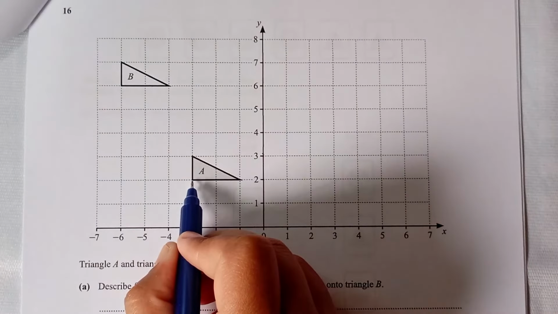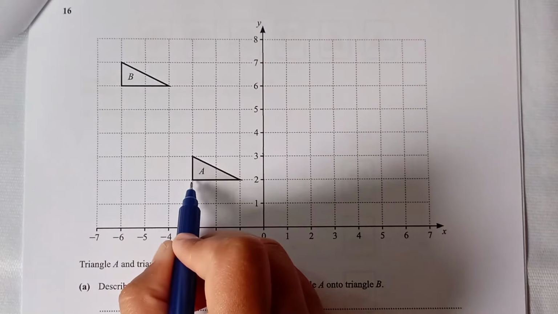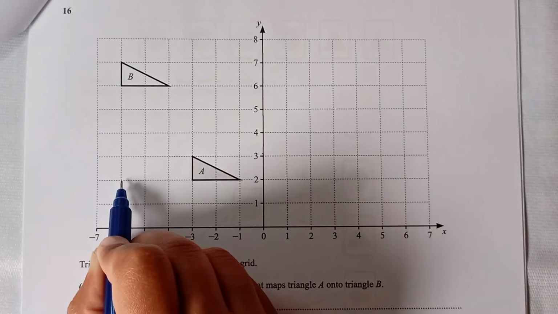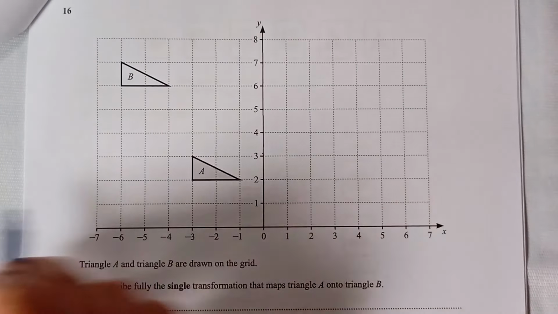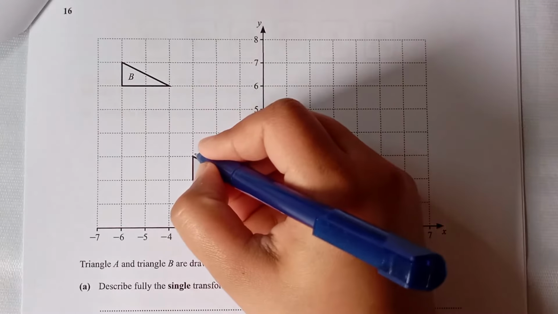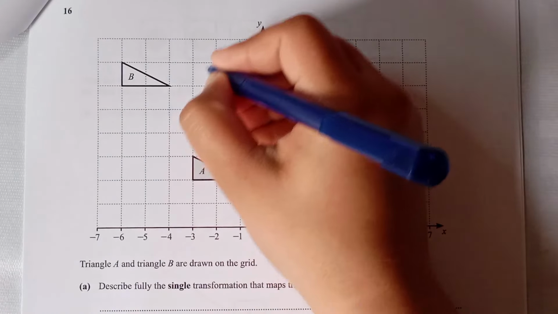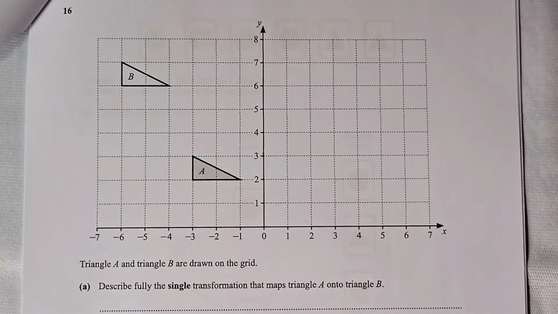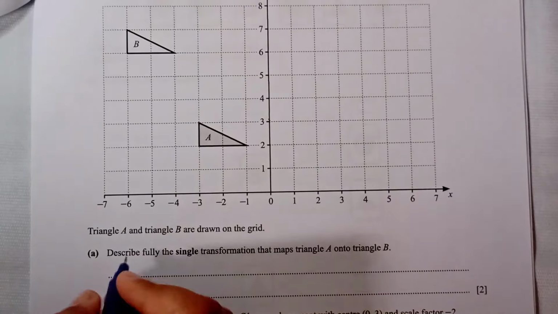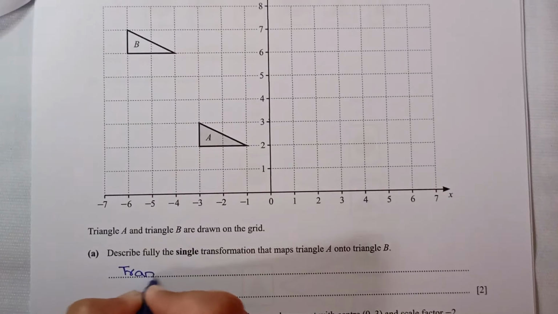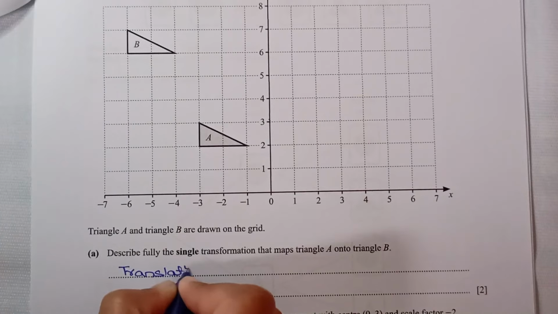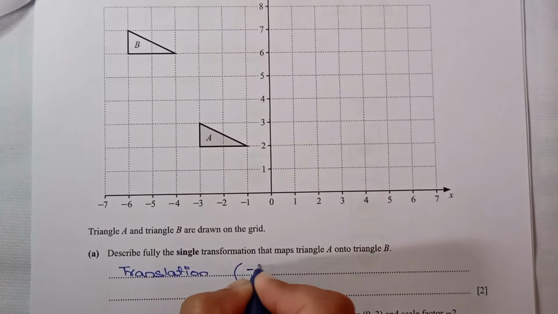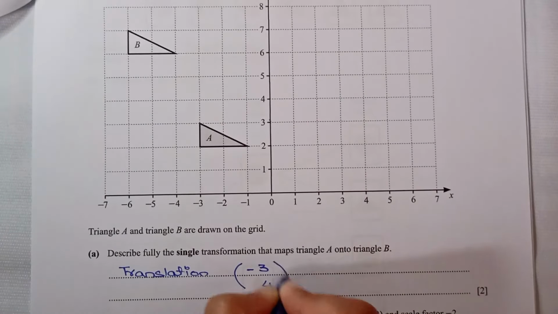So this point on A would be this point on B. So it would be 1, 2, 3. 3 units to the left, and how many units up? 1, 2, 3, 4. 4 units up. So it is a translation, 3 units left and 4 units up.